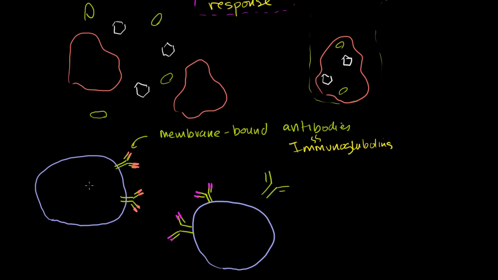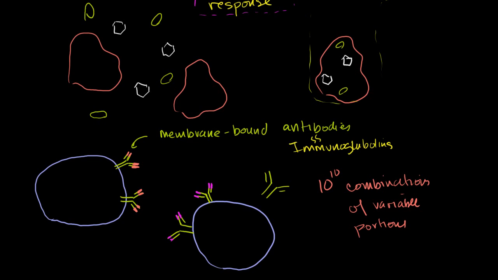And there's actually 10 billion different combinations of variable portions. So there's 10 to the 10th, or 10 billion combinations of variable portions. So the first question, and I haven't even told you what the variable portions are good for, is how do that many different combinations arise?